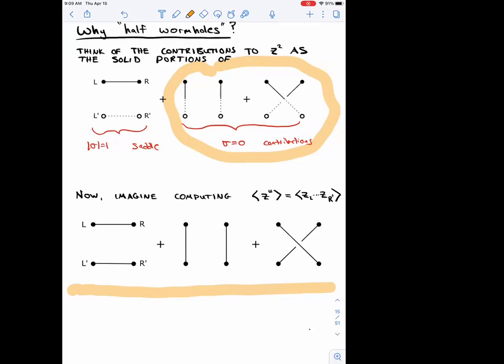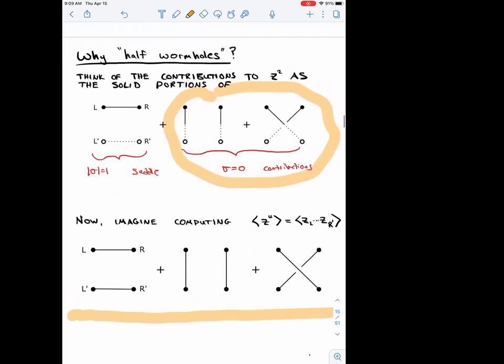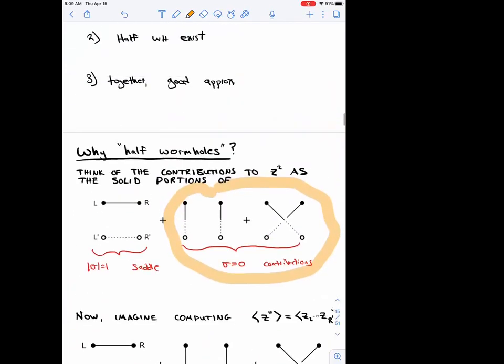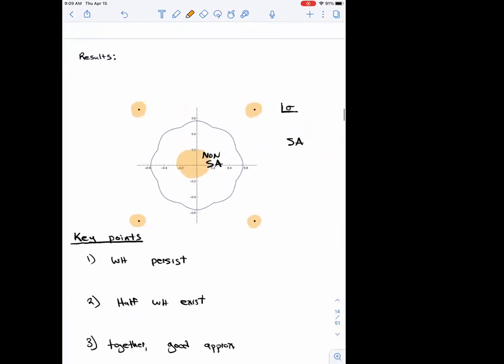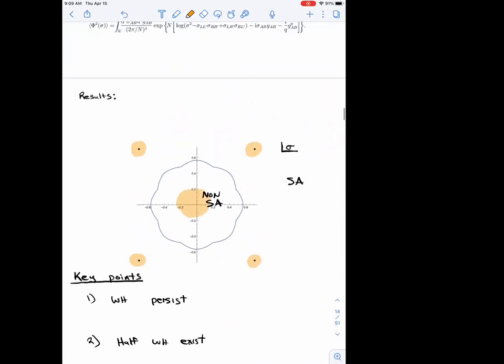Let me try to give an example of that, and then try to answer the question. So you'll tell me if I'm answering the right question or not. So I claimed that phi of sigma was approximately self-averaging outside this circle.